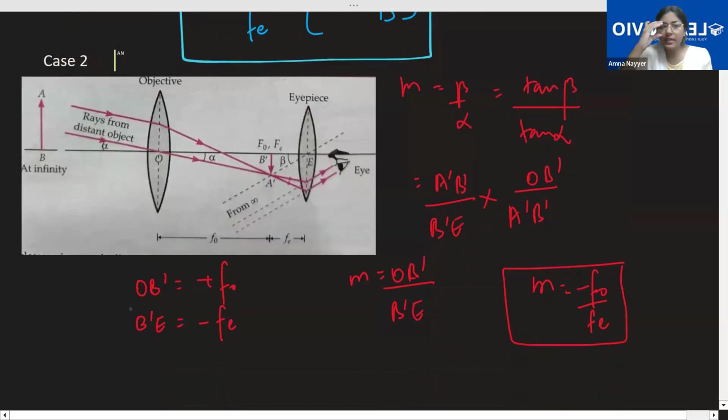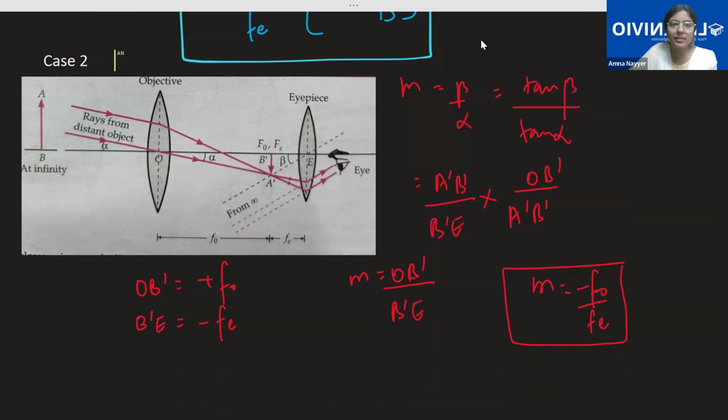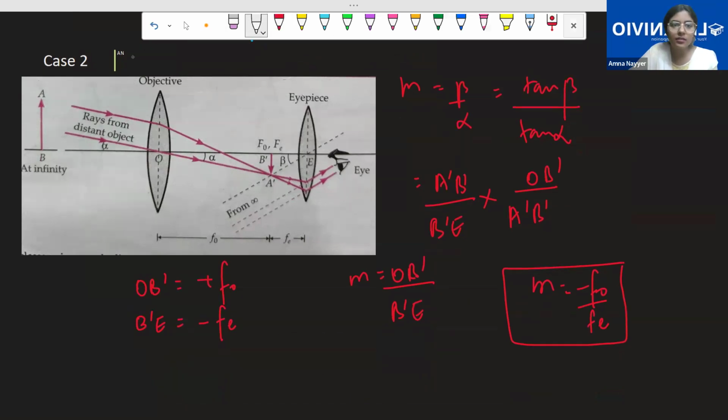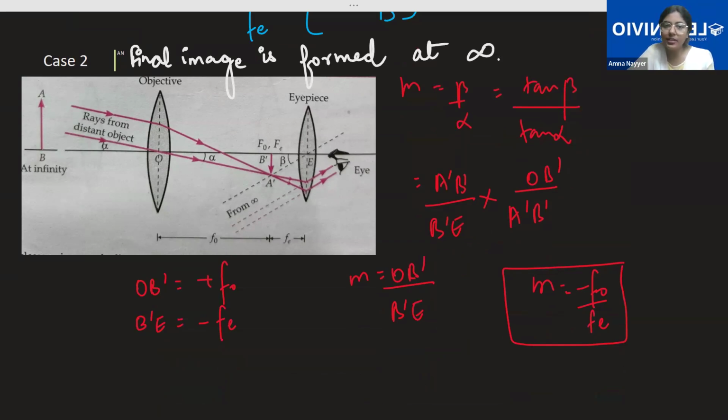Case 2. Here, this part is exactly the same as the above one. But see, in this case, the final image is formed at infinity.